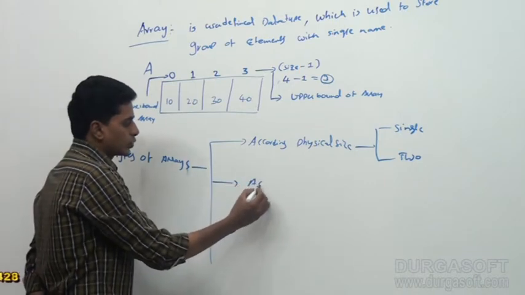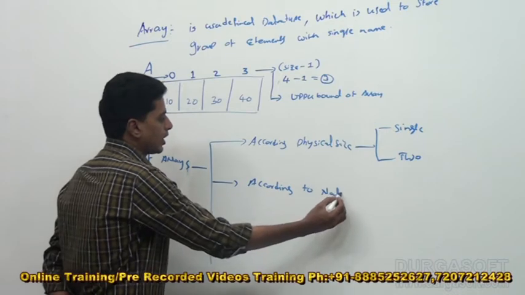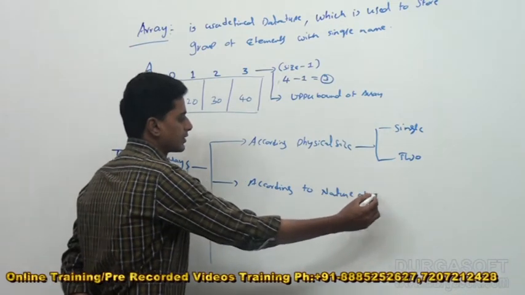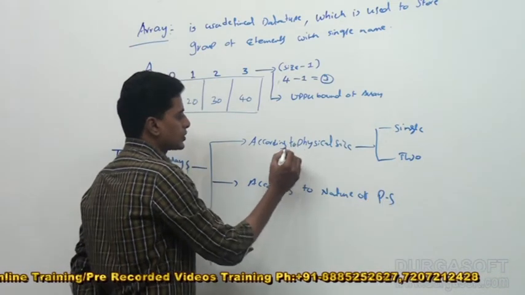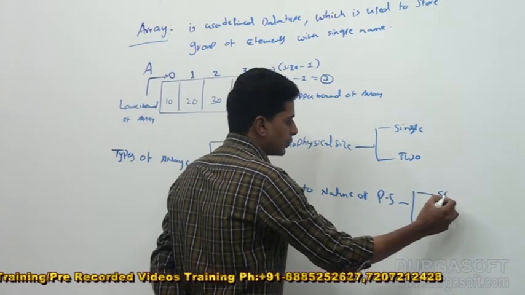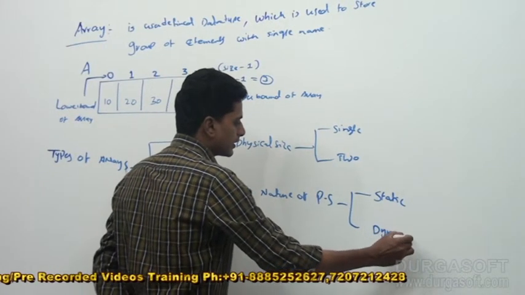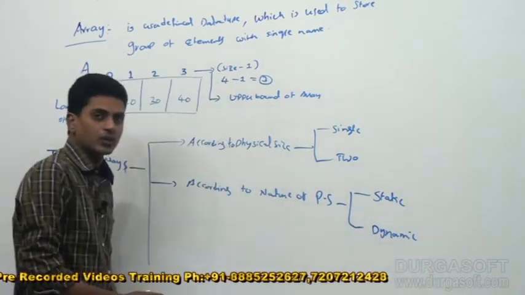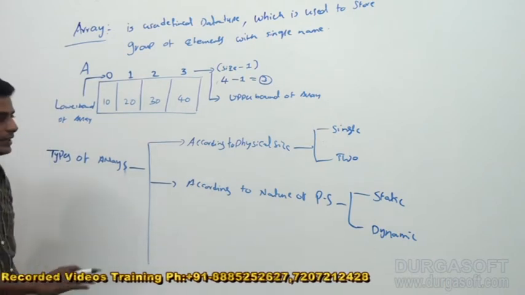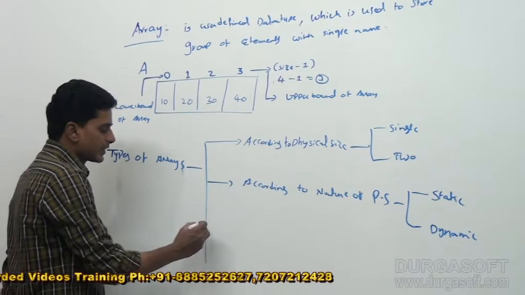Then according to the nature of physical size, arrays can be of two types: one is static array and the next one is dynamic array.